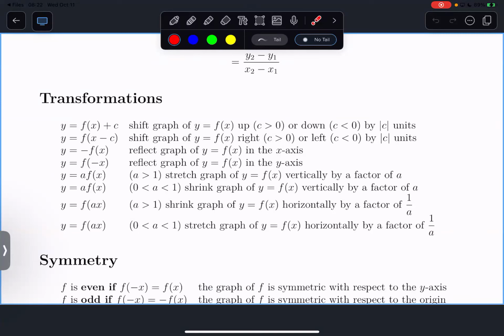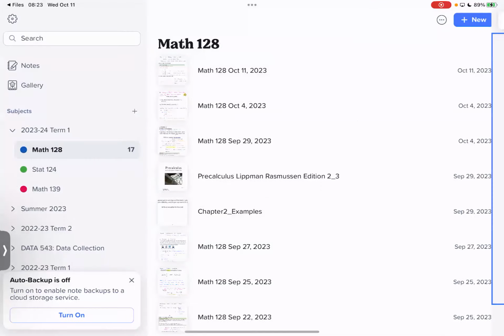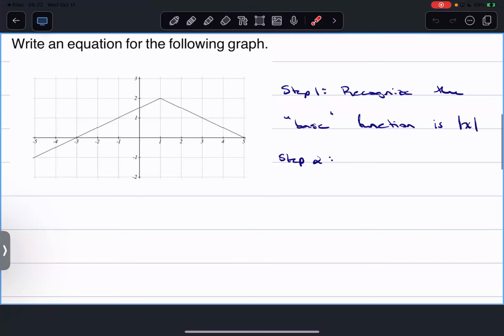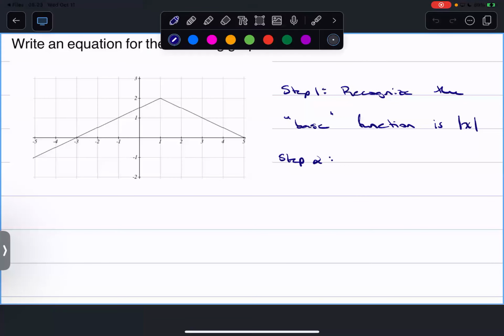But what do we want to do? If I want to flip a V that's facing up, if I want to flip it down, then I'm reflecting on the x-axis, right? And so here, let's go back here. All right, the original graph would be something like this. And then I flipped it to turn it upside down.